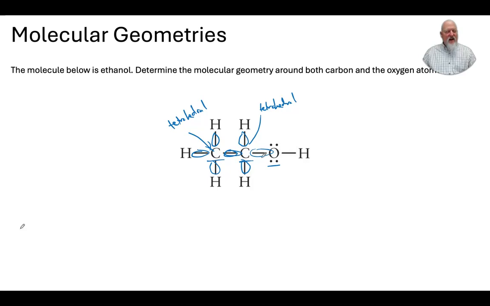And then finally, the oxygen has 1, 2 bonding groups and 1, 2 non-bonding groups. So 4 total groups, except in this case, it's got some non-bonding electrons. So the electron geometry is going to be tetrahedral, while the molecular geometry is going to be bent because of the 2 non-bonding groups.